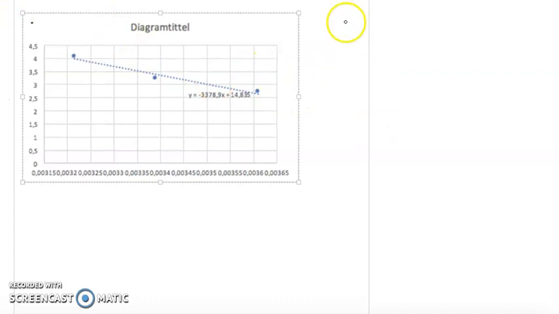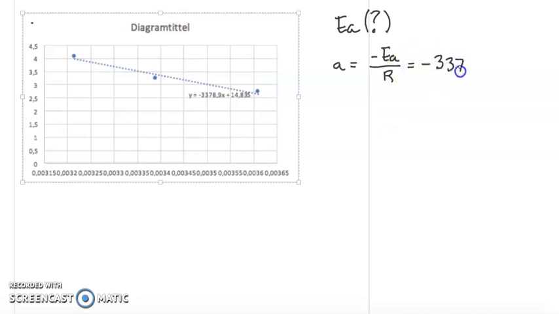So the task is to find the activation energy. So what is the activation energy? We know that this value here is A. So A, or minus activation energy over gas constant, is equal to minus 3378.9.